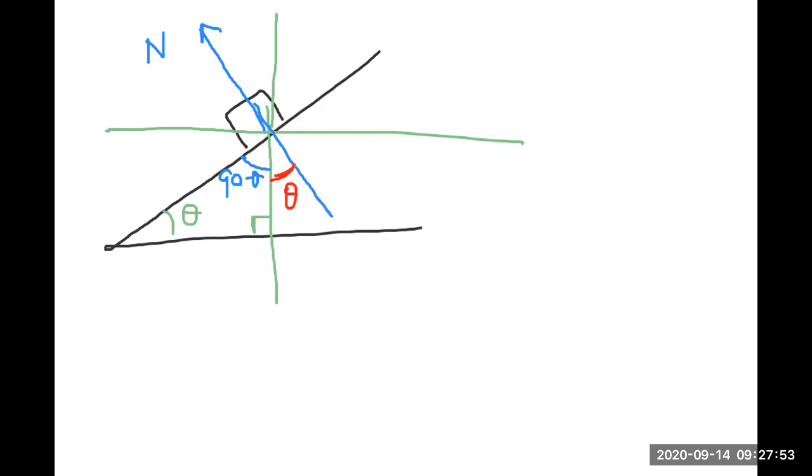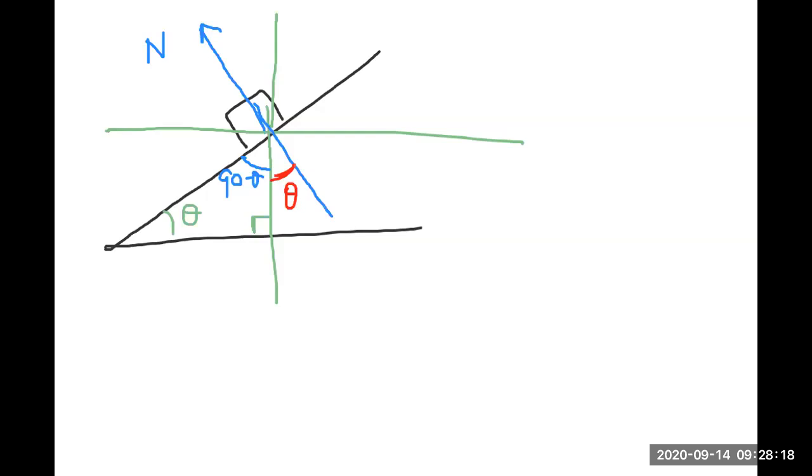If one angle is theta, the other angle is 90 minus theta.